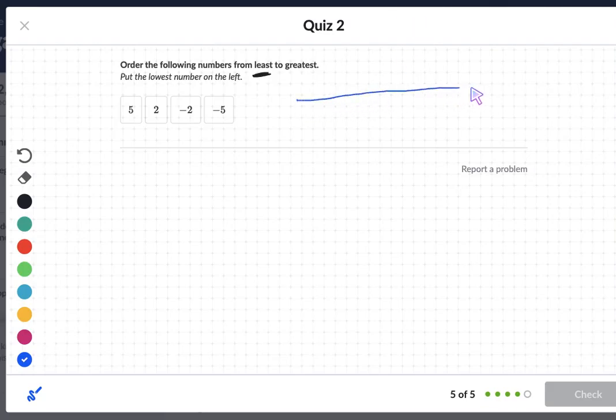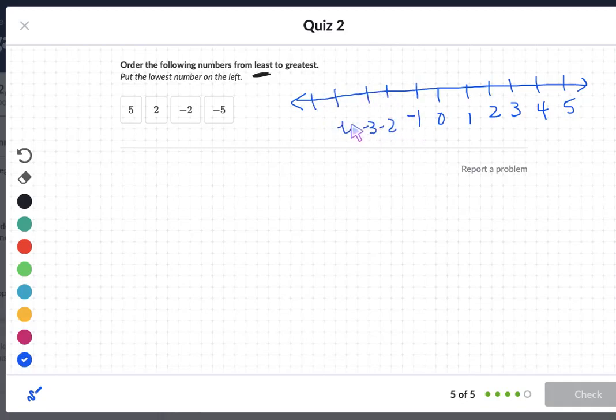Okay, I'm going to use my same strategy as before. I got some in the positives now, so I want to make that a little bit bigger. 0, 1, 2, 3, 4, 5. This goes in opposite direction. -1, -2, -3, -4, and -5. So when I plot them, that'll give me my answer. I have a 5, I have a 2, I have a -2, and a -5.